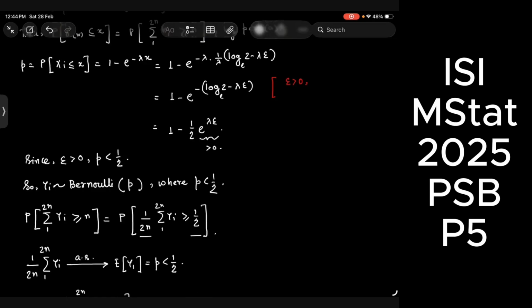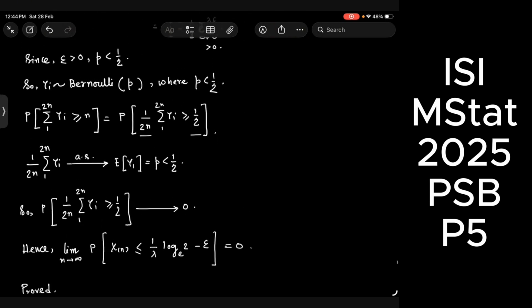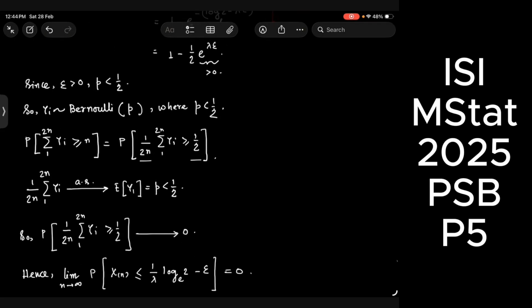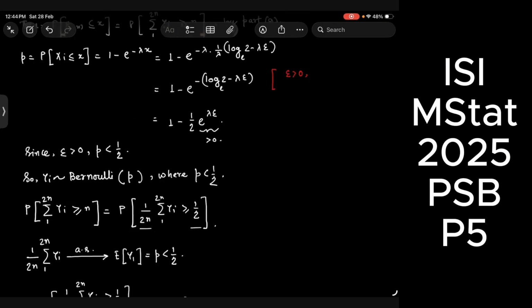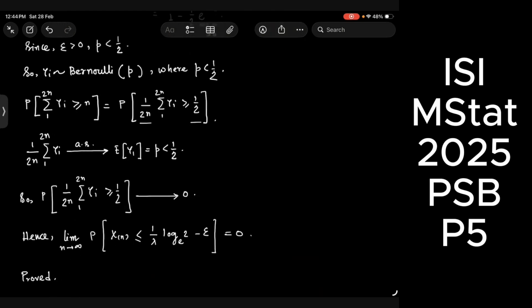P is greater than half, and I was just trying in some other way using CLT, but I guess this is easier, because if you apply CLT, you take the subtraction of the mean and divide by the standard deviation. Then I was trying in that way. You can check yourself what will happen in that case.